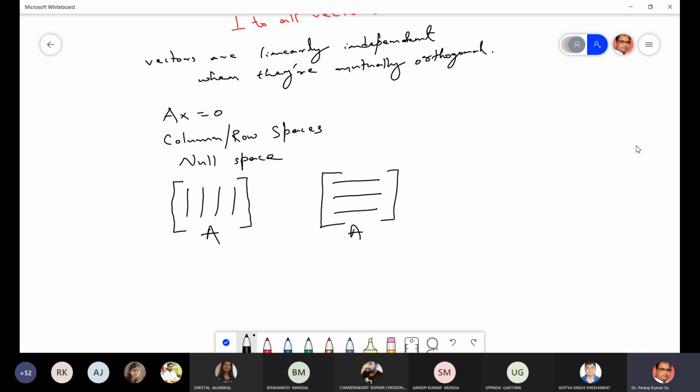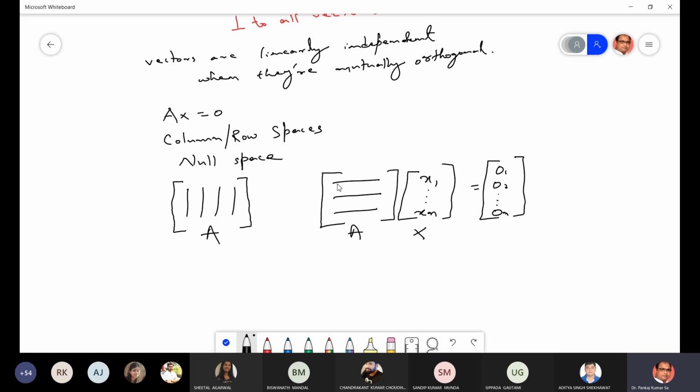Now let us just analyze this. A times X, and let us say this is equal to 0. This is 0, right? And this is first value, second value, nth value.